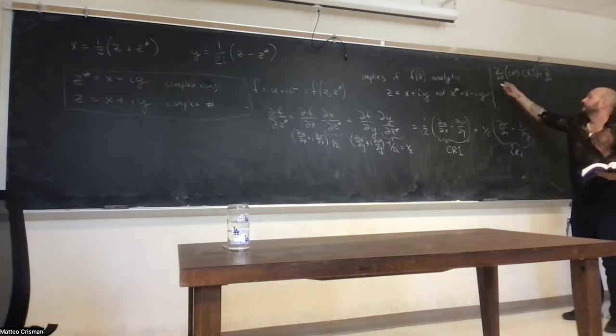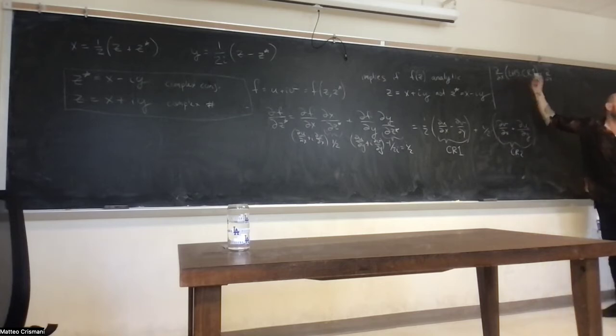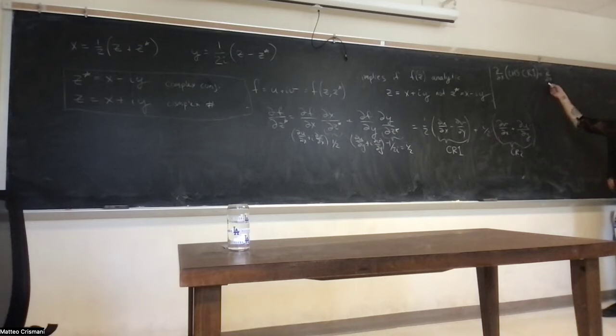Okay, let's read that again. Let's take a partial derivative with respect to x of the left-hand side of the Cauchy-Riemann relation 1. So the left-hand side is what? du dx, right? Left-hand side.